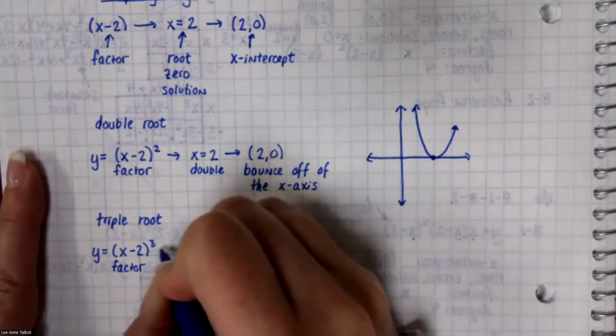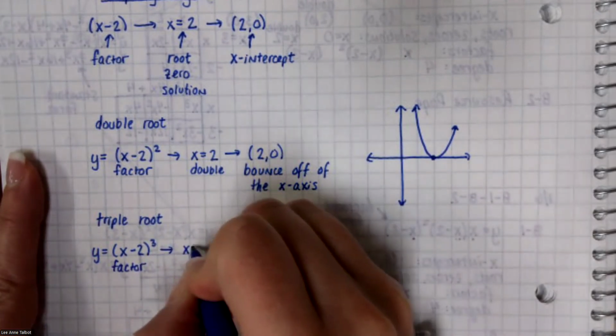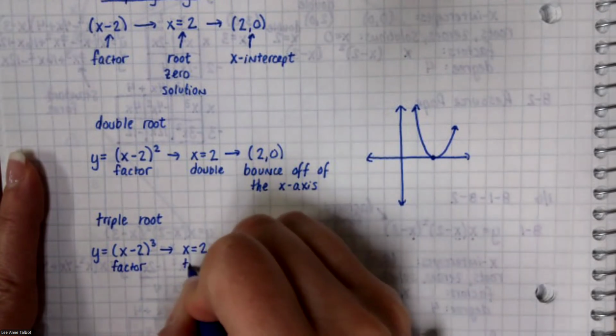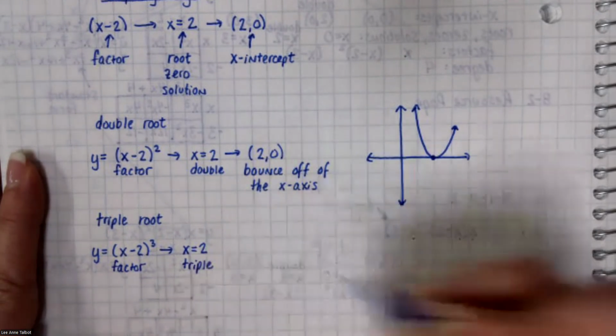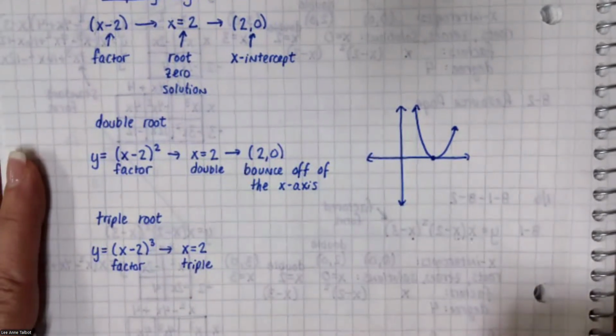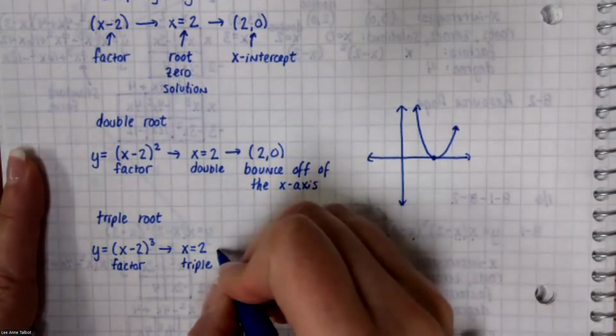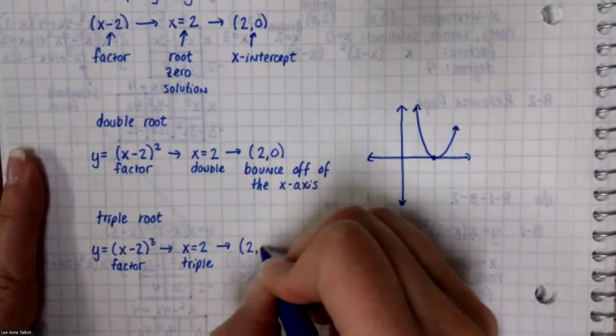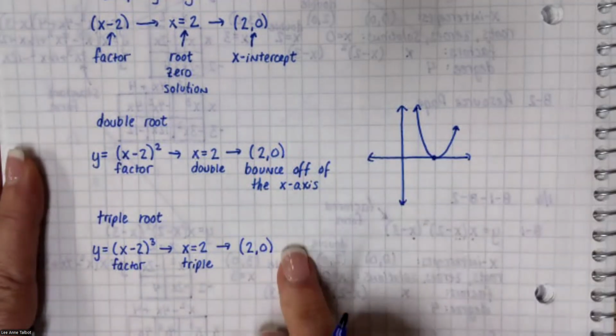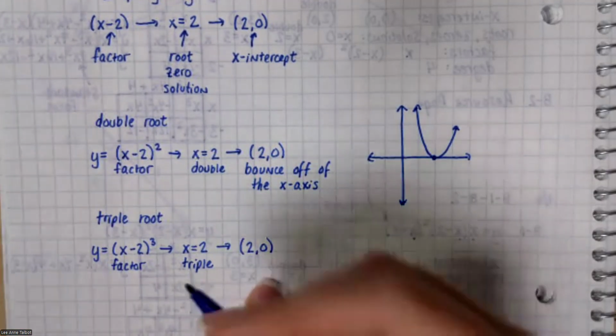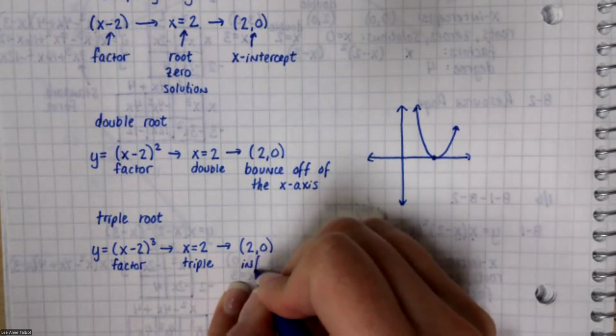This is its factor. You say x equals 2 triple. Your x-intercept is still (2, 0), but this makes an inflection point.